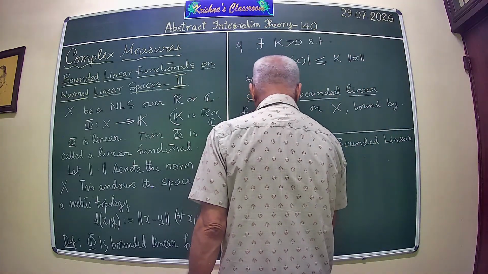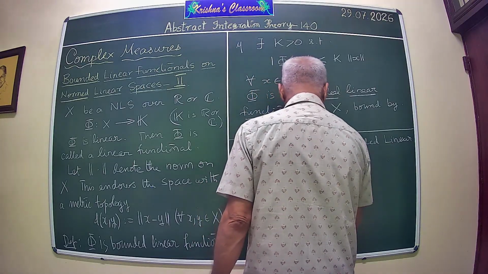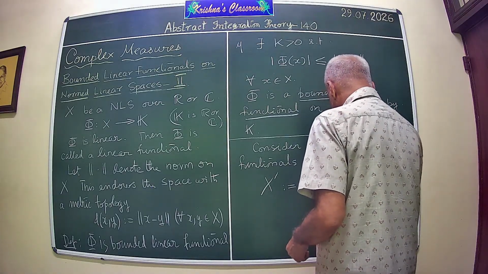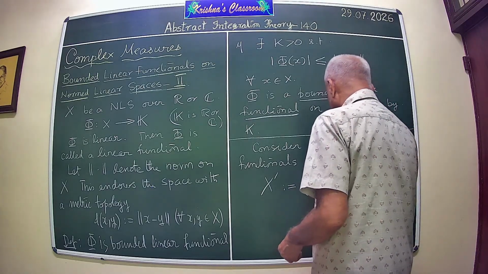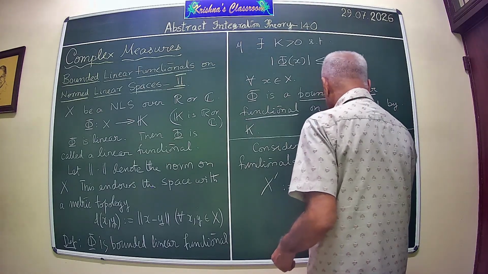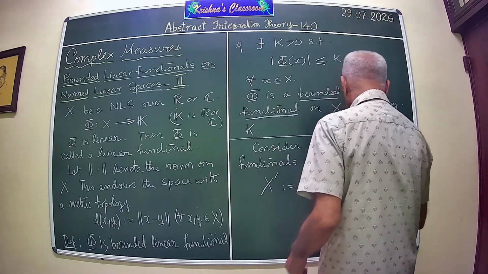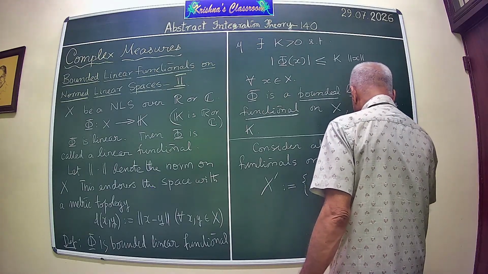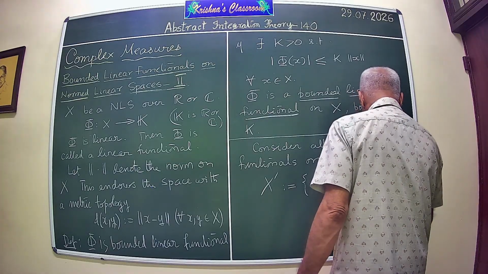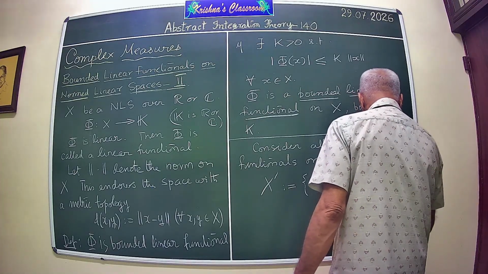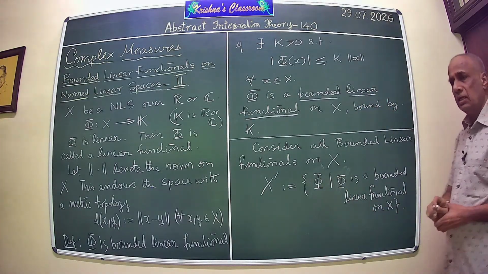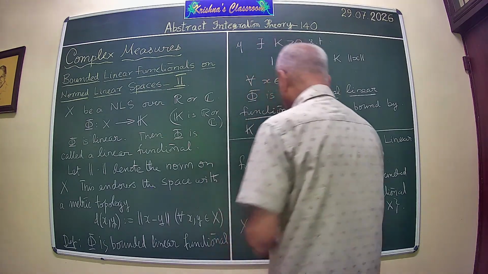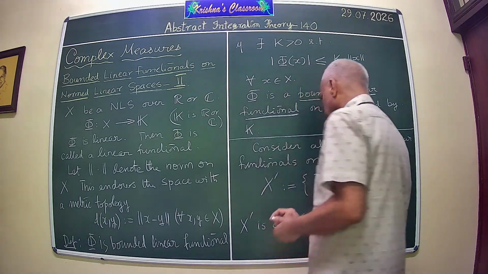So let us give a designation X prime. Now one immediately verifies that X prime is a normed linear space.